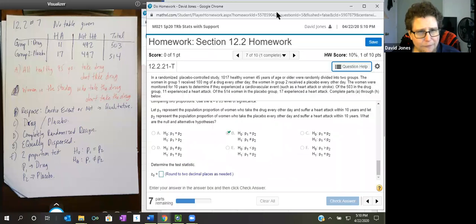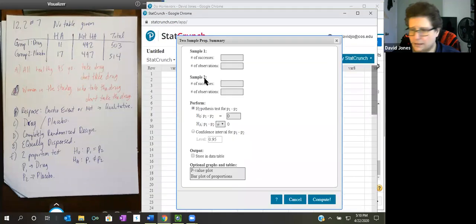And this is the number of people that had a heart attack. So what do we have? Group 1, 11 people had a heart attack out of 503. Group 2, 17 had a heart attack out of 514. The hypothesis test is already set up well.